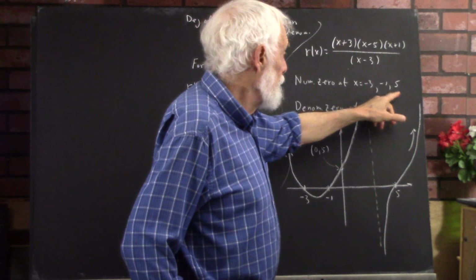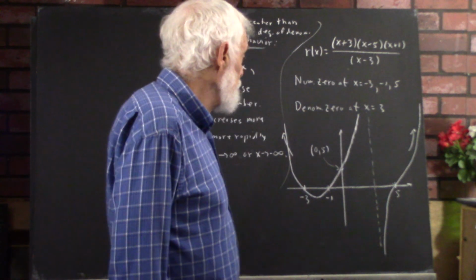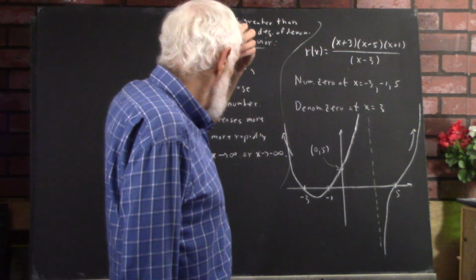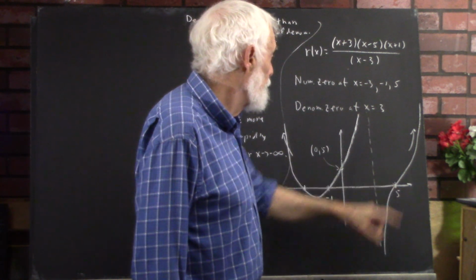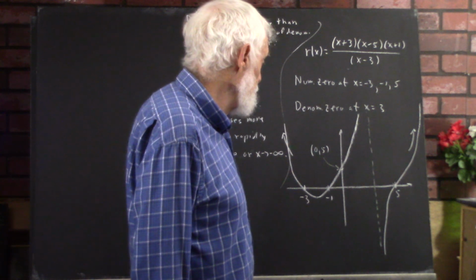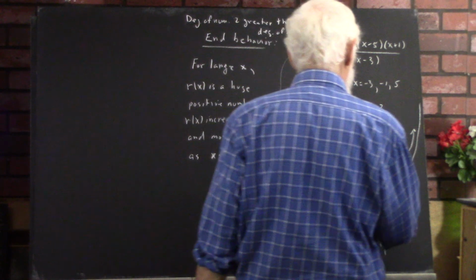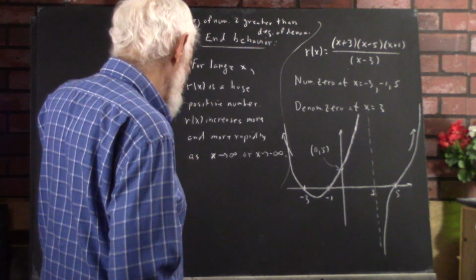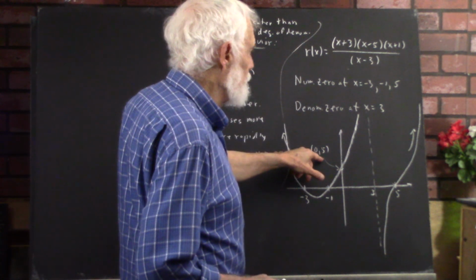None of these makes your denominator 0, so they're all zeros of the function. The denominator is 0 at x equals 3, so we have zeros here, here, and here, and we have a vertical asymptote here at x equals 3. And I guess I haven't labeled those really clearly, but here's 3.